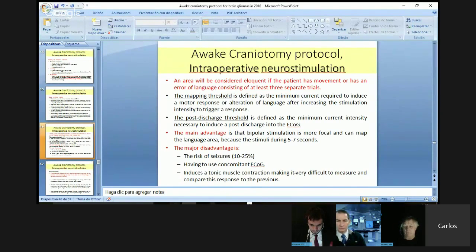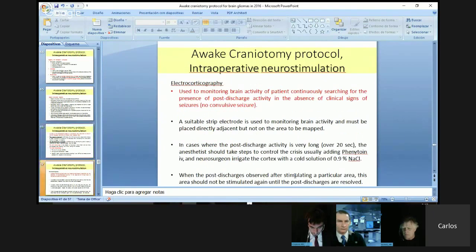The major disadvantage is that the risk of seizure is bigger, about 10 to 25%, and it requires concomitant electrocorticography. It induces atonic muscle contraction, making it very difficult to measure and compare the response to the previous one.